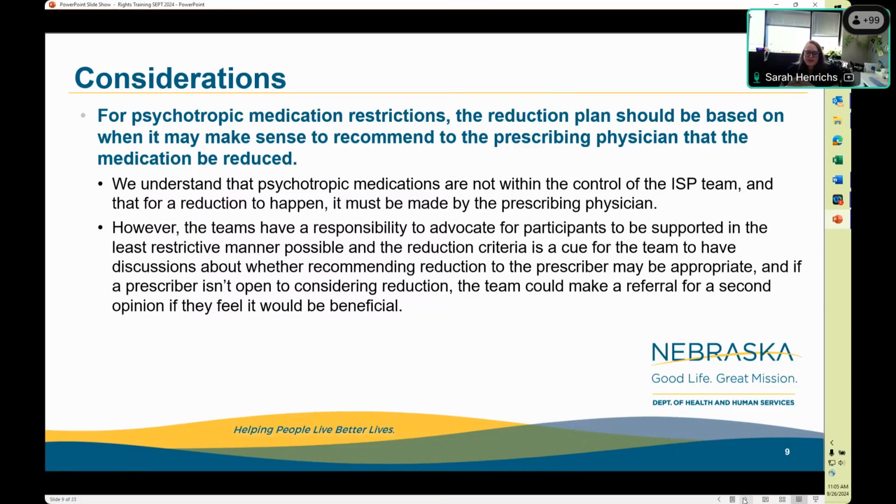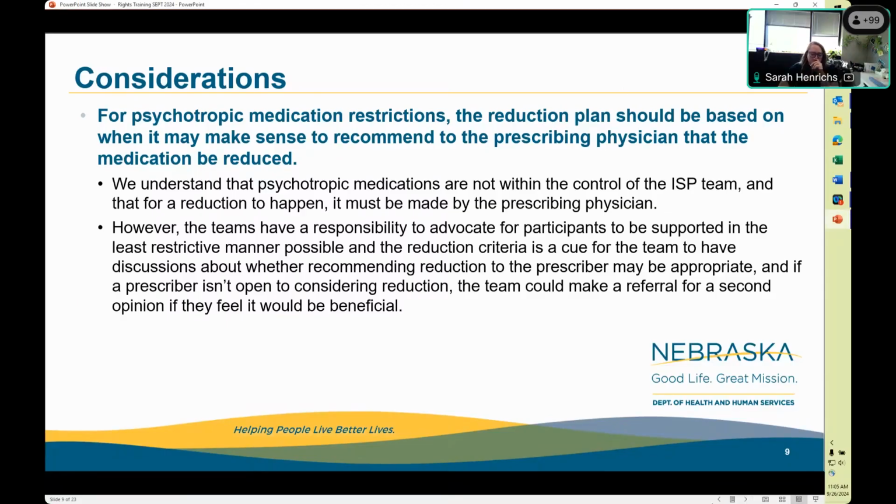But I will say, even though how to prescribe a med is solely up to that prescribing physician, we also do have a responsibility to our participants to advocate for them, to be supported in the least restrictive manner possible, because studies show, data shows, research shows that people with developmental disabilities are medicated with psychotropic medications at a substantially higher rate than the general population.